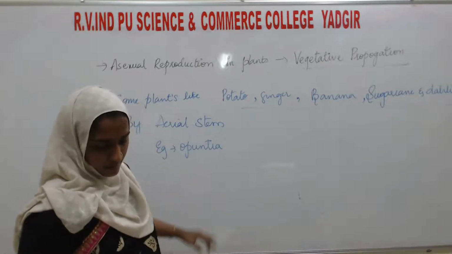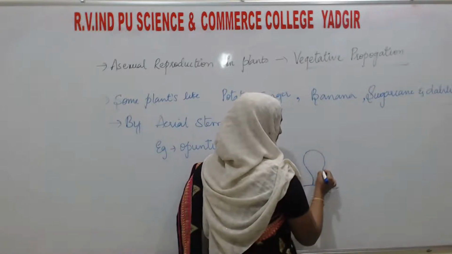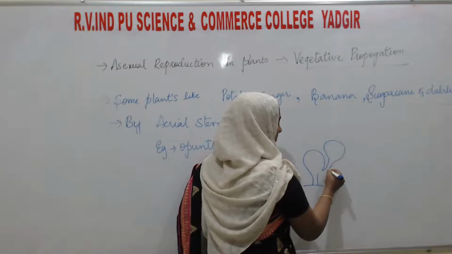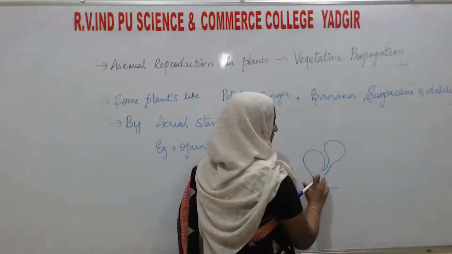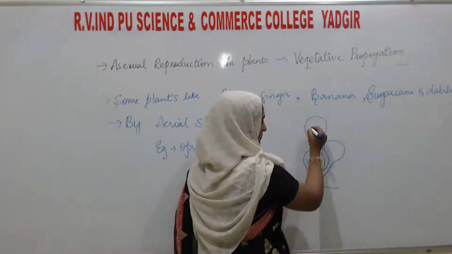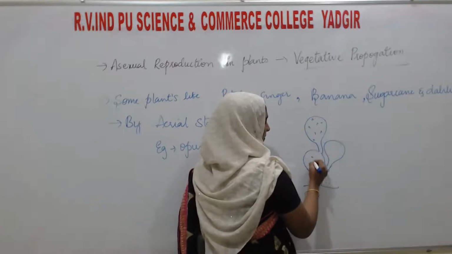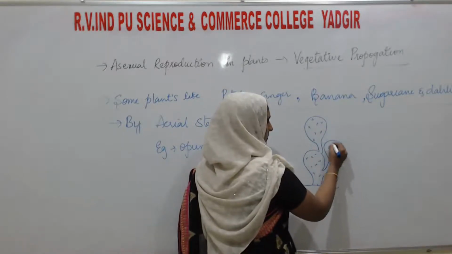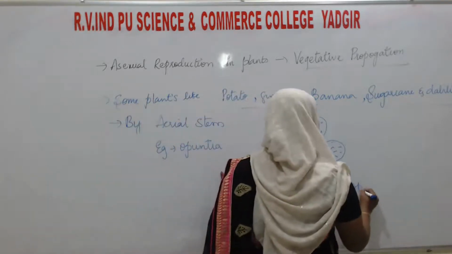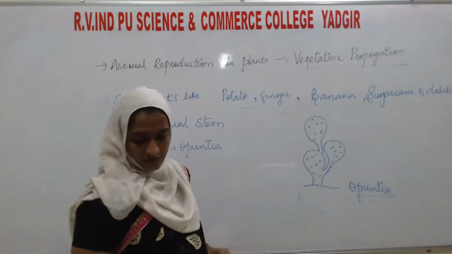So here, how will the opuntia plant be? It will be like this. Here in the opuntia plant, the stem will perform the function of the leaf because they are photosynthetic. This is the opuntia plant.